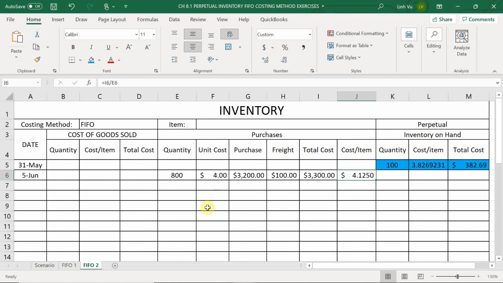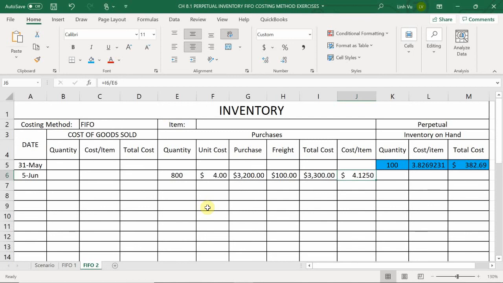You never want to round your inventory on hand, because if you round both inventory on hand and your cost of goods sold, you'll create a penny out of nowhere. So if you notice, I never entered a round on my inventory on hand. I left it the way it is by just doing a simple calculation, whereas on the cost of goods sold, I want to round my answers.